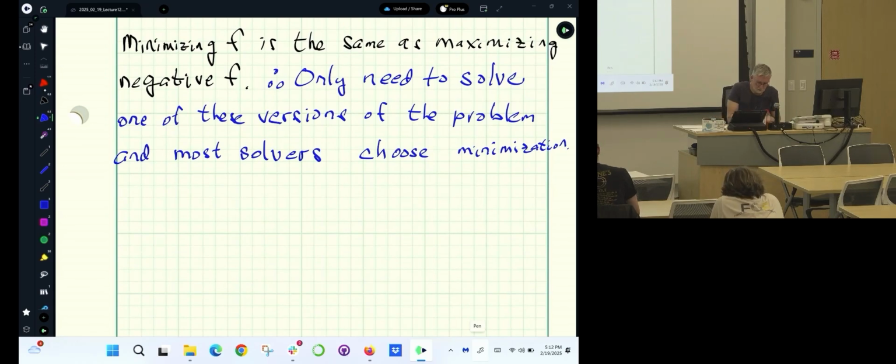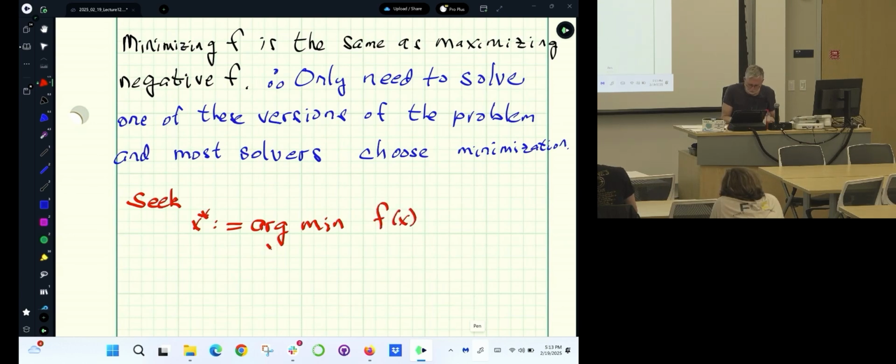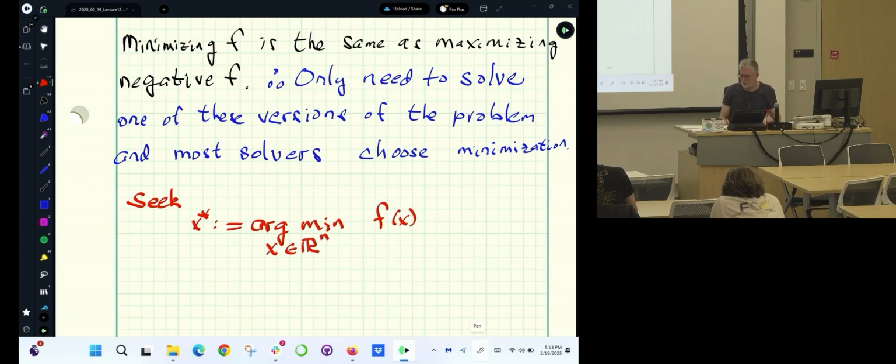So what we're doing is we seek x star equals arg min, and I'll define this, of f of x subject to x in the domain of the function. And we'll keep it simple. We'll take it to be Rn. It's not going to be a sphere or anything complicated like that yet.